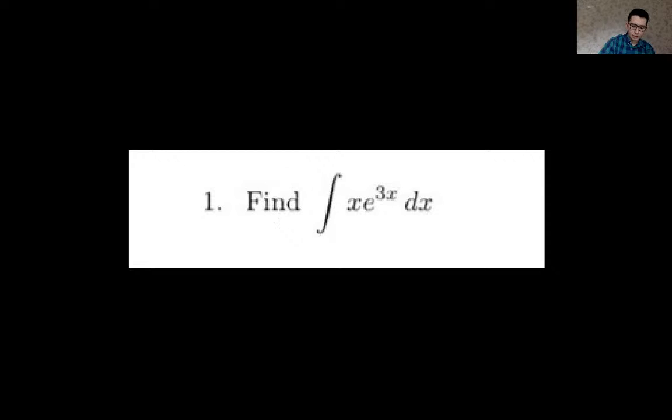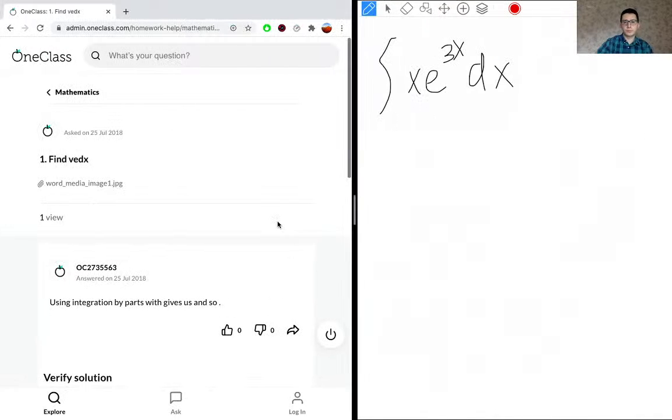So I'll write that down here so we can evaluate. I just wrote down the same integral that was in the question: x times e to the 3x dx. This is an integral that should be evaluated by integration by parts.